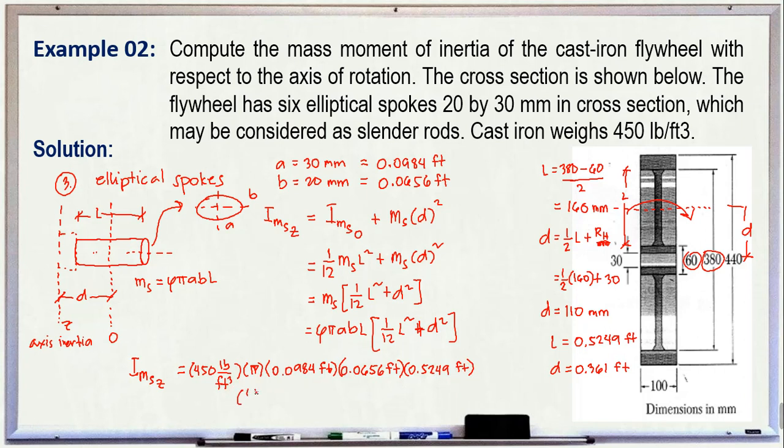Then times 1/12, 0.5249 squared plus the distance 0.361 foot squared. The unit here is square foot times 1/32.2 feet per second squared. What comes out here is the mass moment of inertia of the spoke with respect to the z-axis.